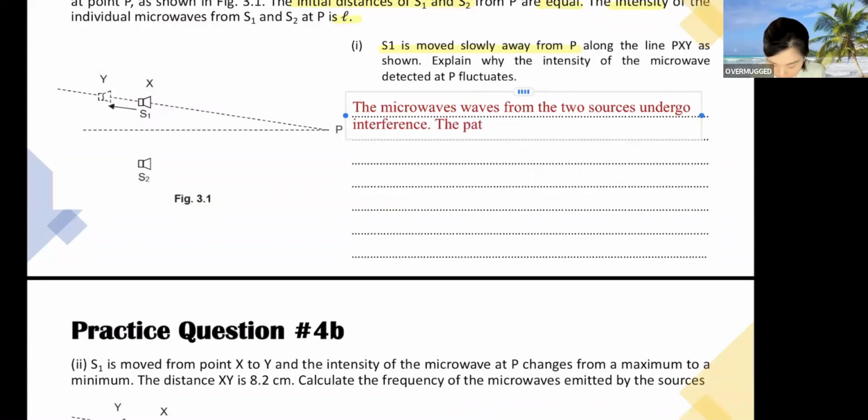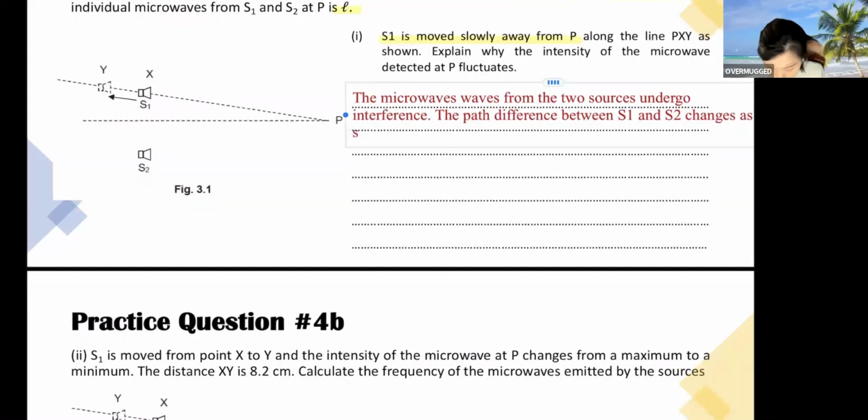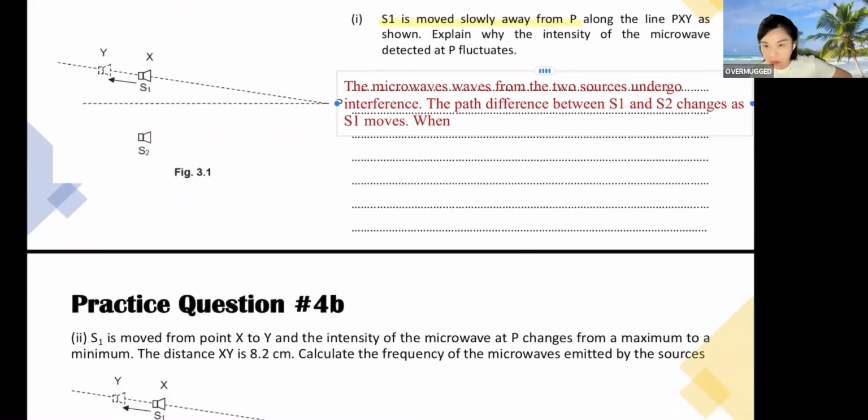Okay, the path difference between S1 and S2 changes as S1 moves. Okay, so then it changes, but it doesn't stay constant at 1 because it alternates between constructive and destructive interference. So you have to actually explain both.